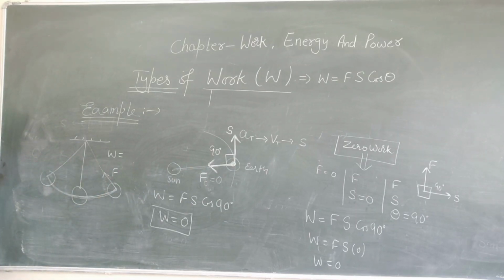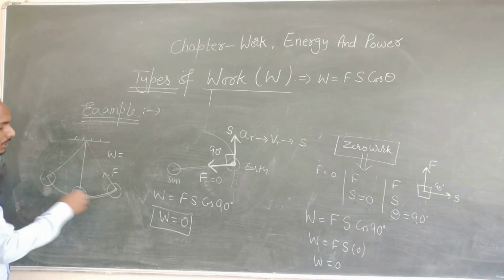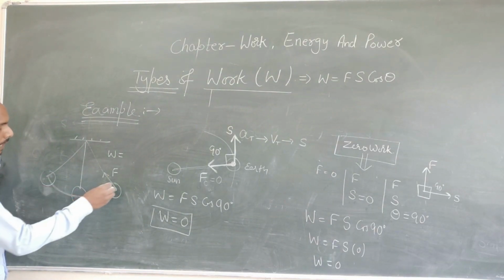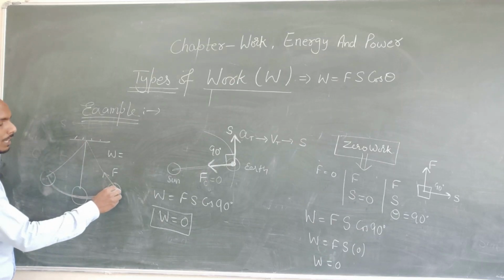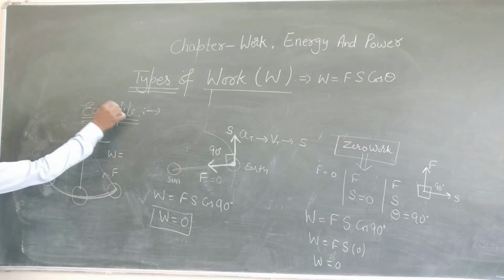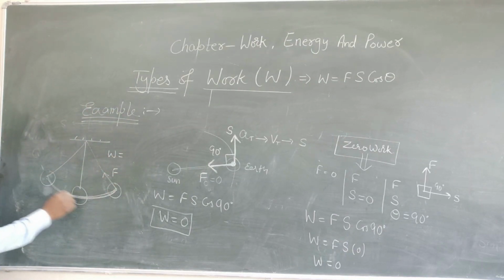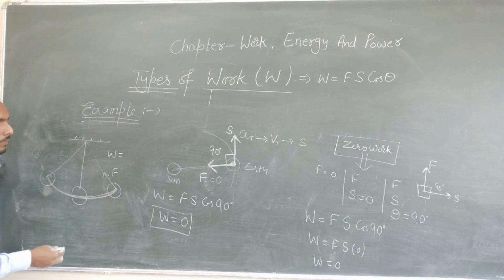The body is moving along a path which is actually a part of a circle. When you draw the line, you find that this path is a part of the circle. It means this force is a kind of centripetal force.